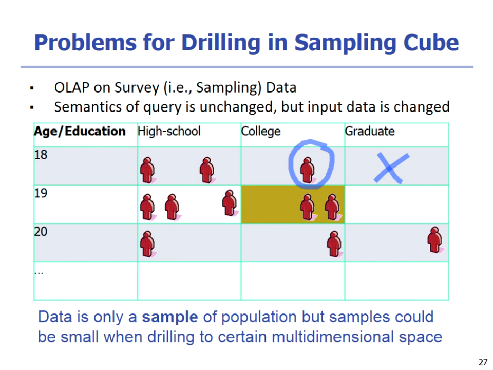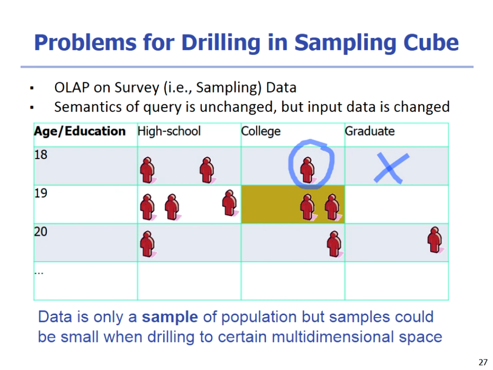Also, OLAP is not equipped with confidence intervals. This is a second problem. But with statistical tools, when we create this sample, there are some tools available to determine the validity of this subset.